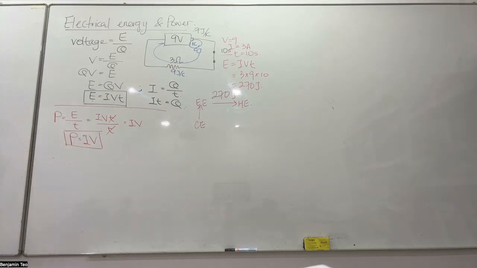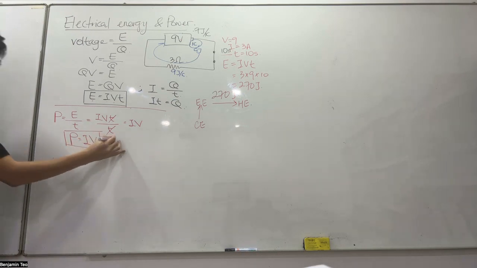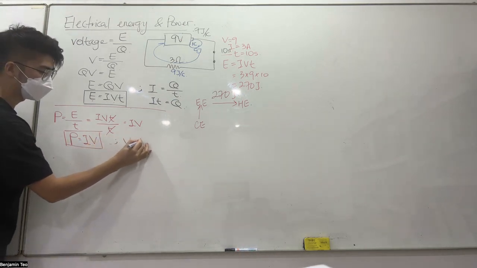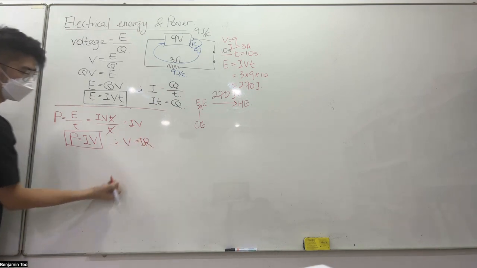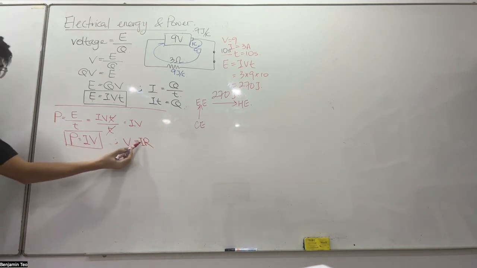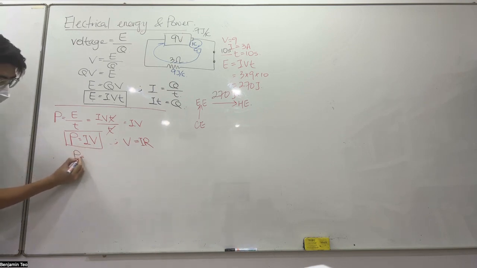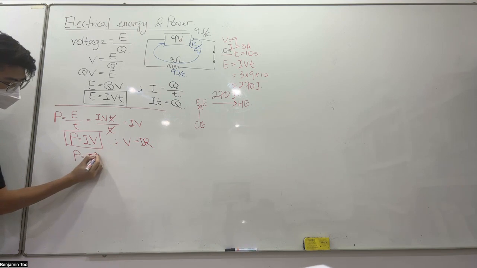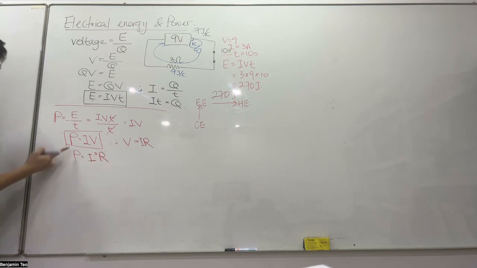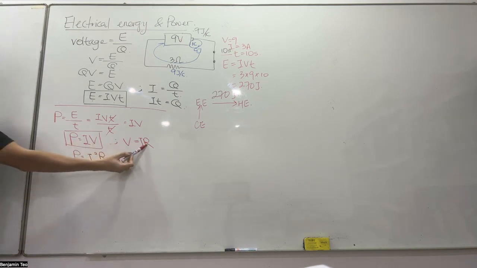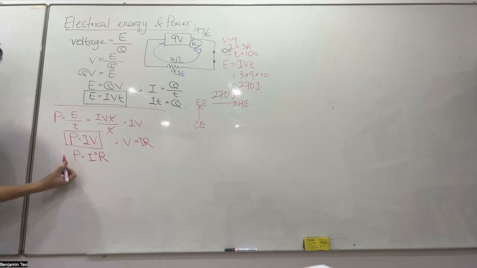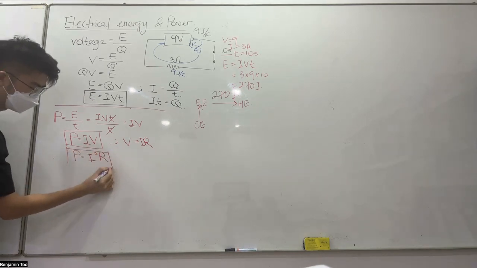P equals IV. V I will substitute. I can substitute V equals IR inside. Let's put V inside here. We get P equals I squared R. This is your second formula.